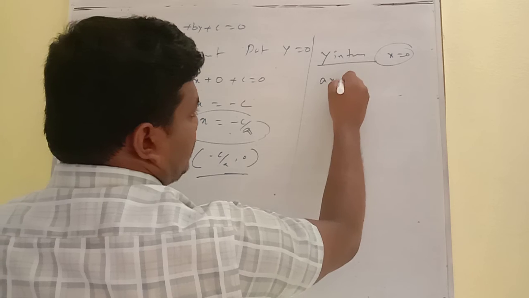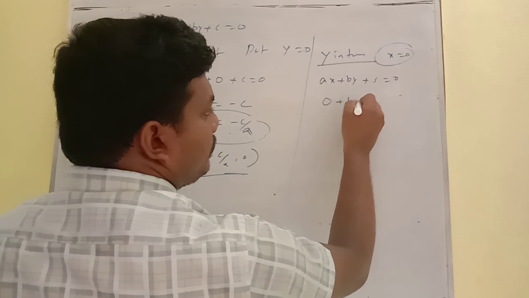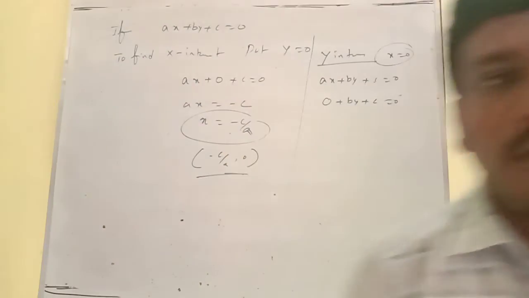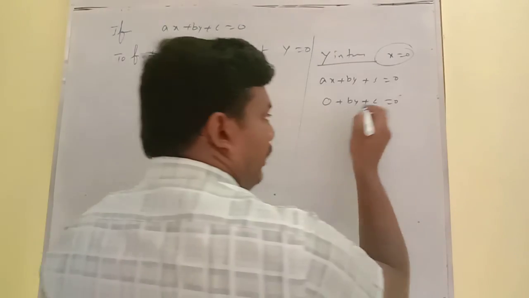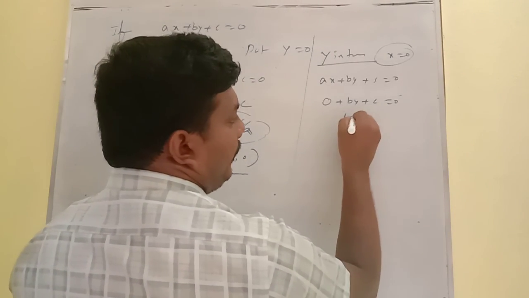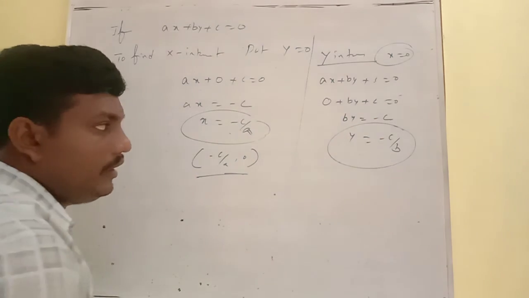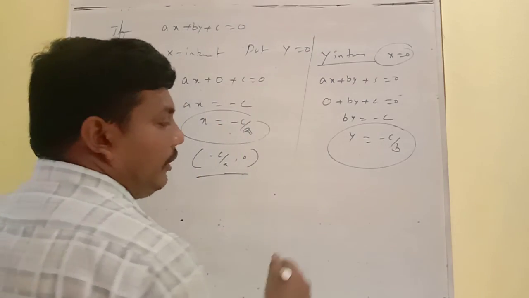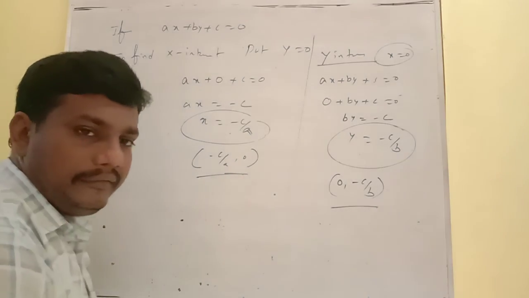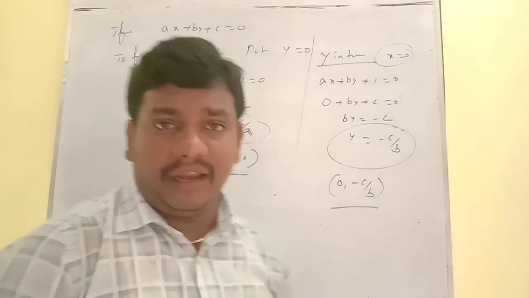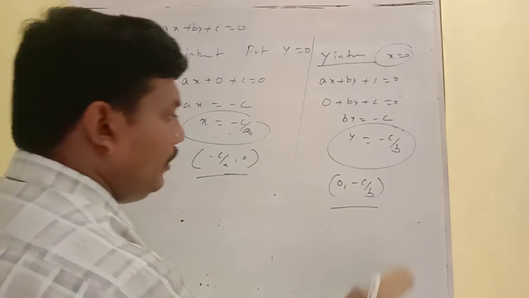In ax plus by plus c is equal to 0, keep x as 0. Then by plus c is equal to 0, so by is equal to minus c, then y is equal to minus c by b. So the y-intercept point is 0 comma minus c by b. This is how to find the x-intercept and y-intercept when the line equation is given.